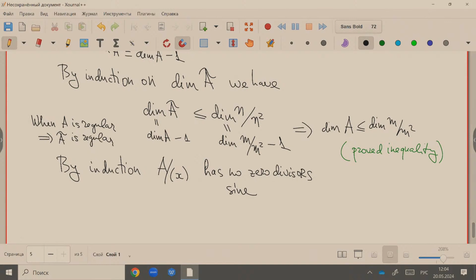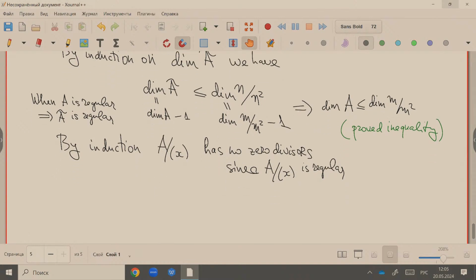But by this construction, if you have equality here, then you have equality when you subtract one. So since A mod X is regular, this implies that X is a prime ideal.